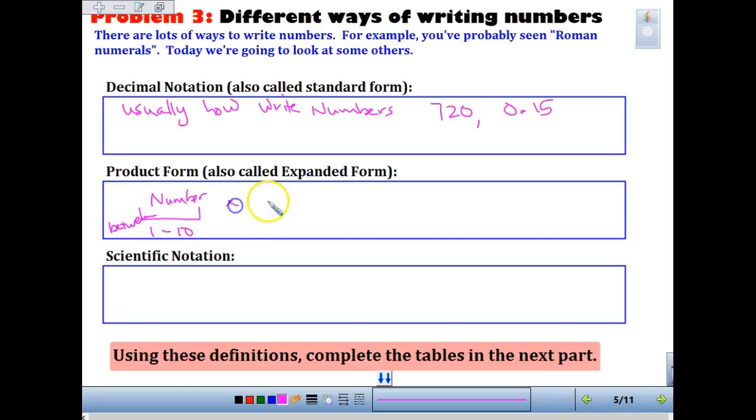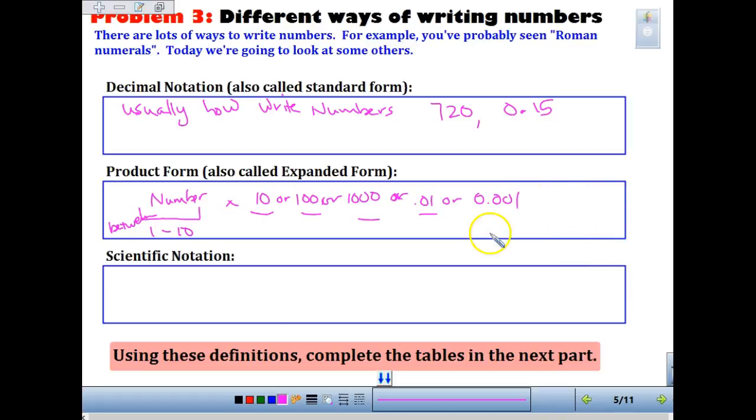And then we're going to take it times 10 or 100 or 1,000, or we're going to take it times 0.01, okay? So all of these different numbers, or it might be times 0.001, that's what a number would look like in product form.